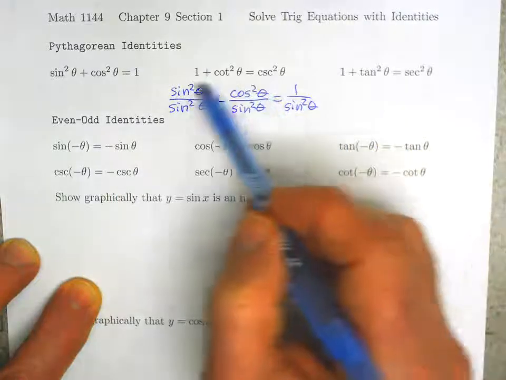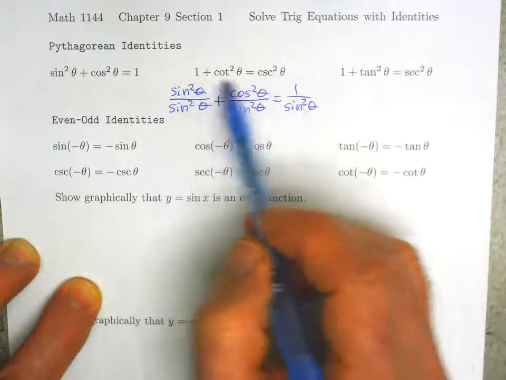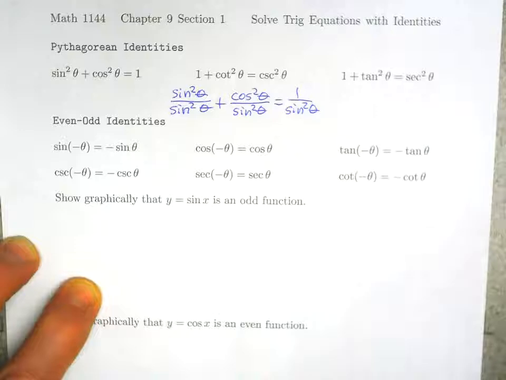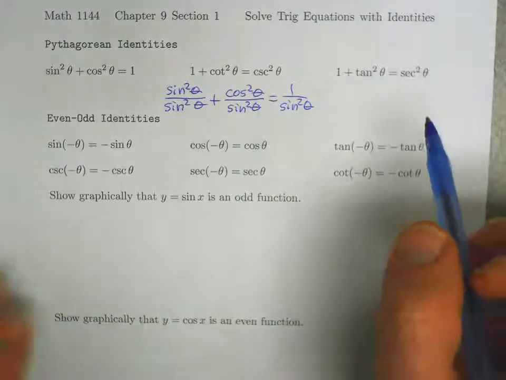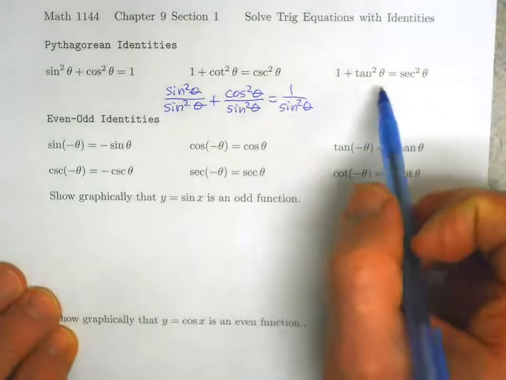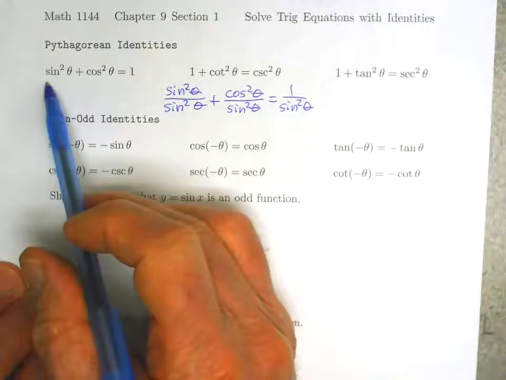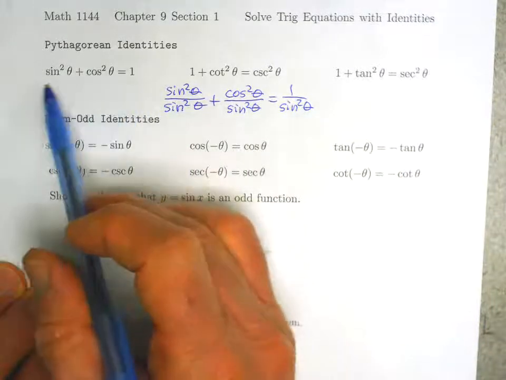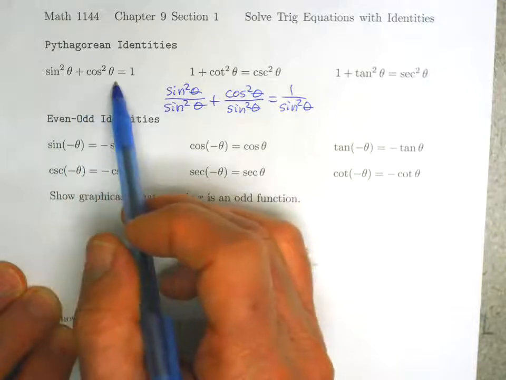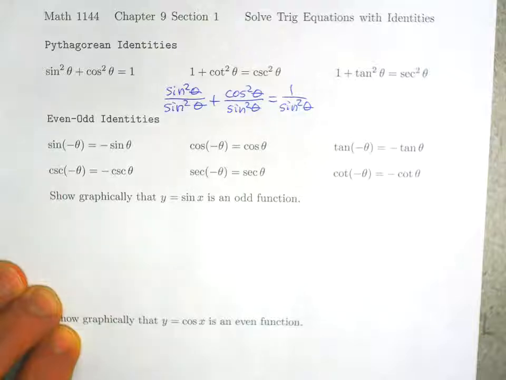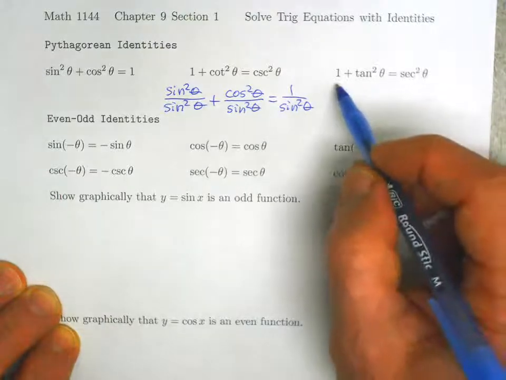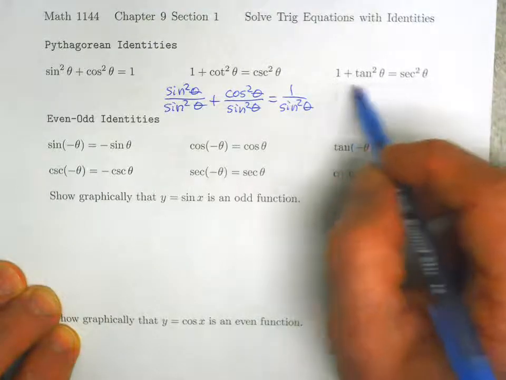So when you simplify this, you get this Pythagorean identity. For the next one, I won't write it down, I'll just mention if you divide every term on both sides of the first Pythagorean identity by cosine of theta squared, then you get this identity.